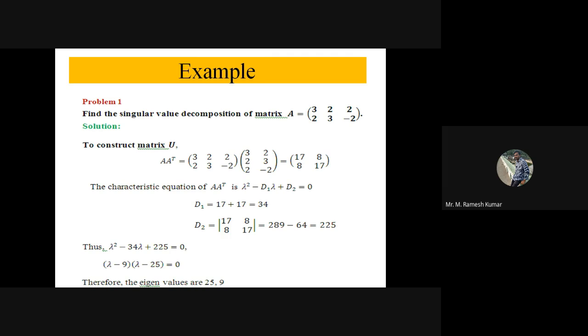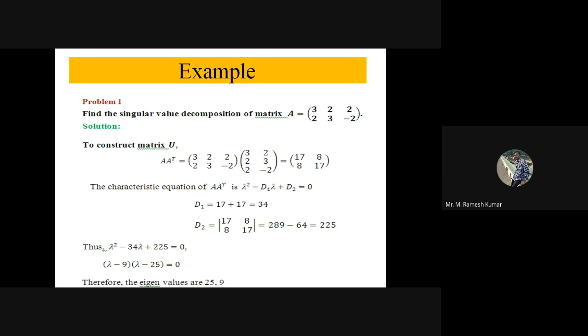Therefore, the characteristic equation is lambda square minus 34 lambda plus 225 equal to 0. After factorization, we get (lambda minus 9)(lambda minus 25). Therefore, the eigenvalues are 9 and 25. Arrange them in descending order, the highest value first: 25, 9.